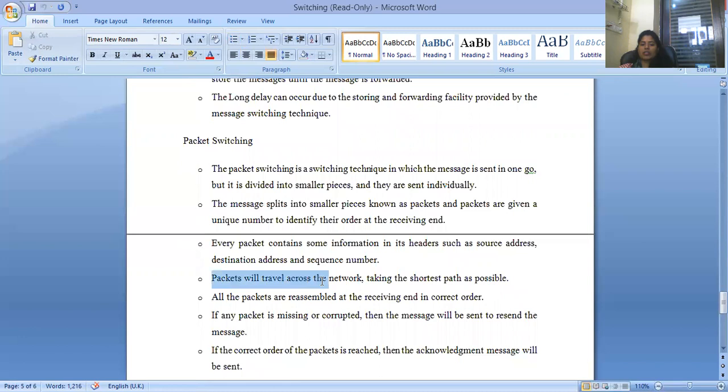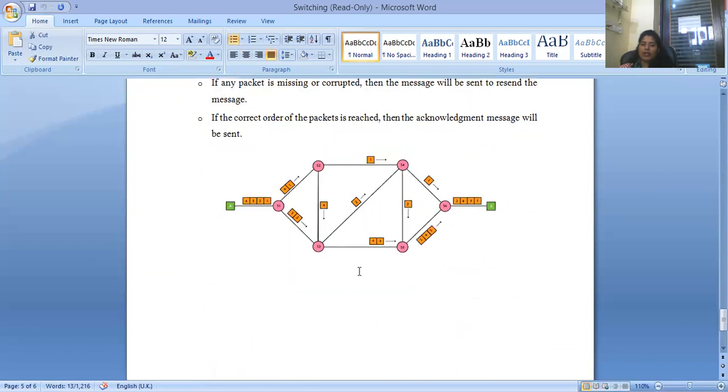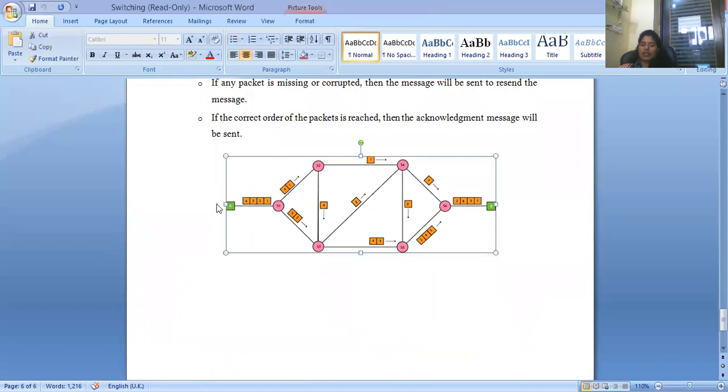Packets will travel across the network taking the shortest path possible. You can see in this example, here is the message, and it is divided into segments of the message. Here you can see two packets here, two here, and then after that they are also transferring the packets, like one is here, one is here.